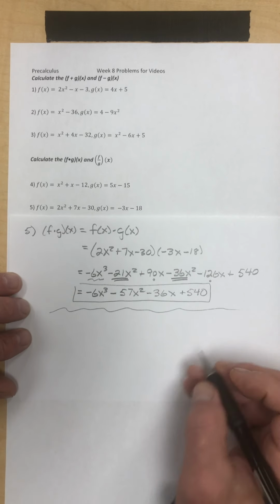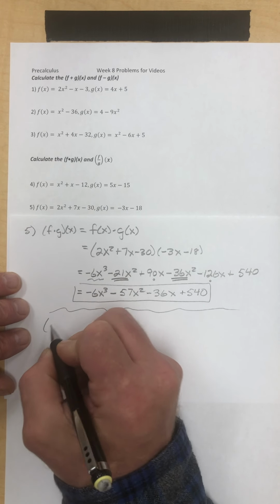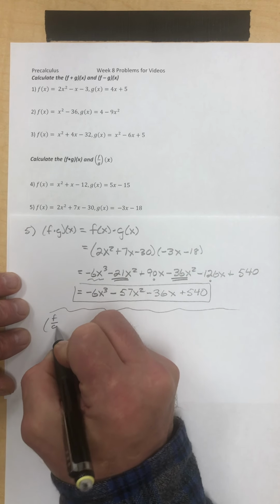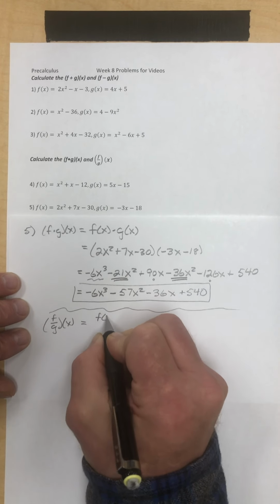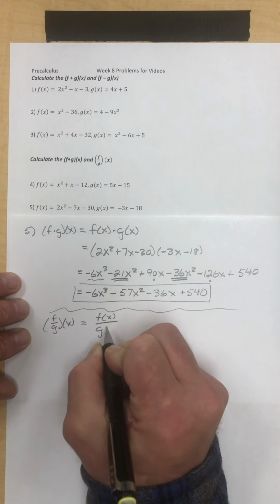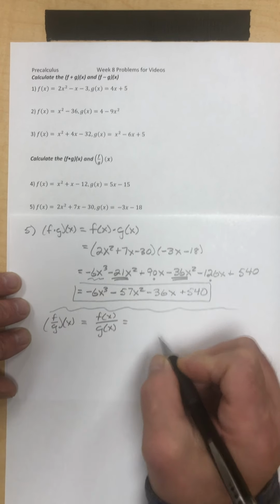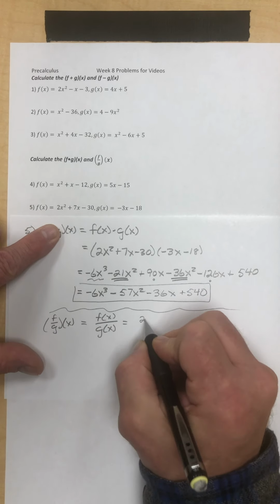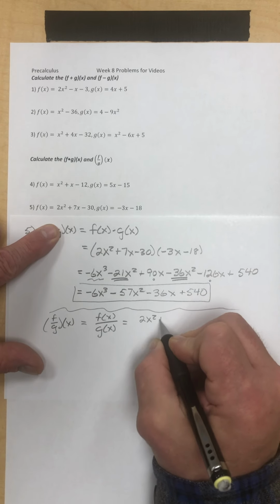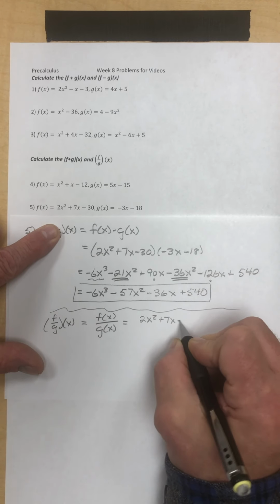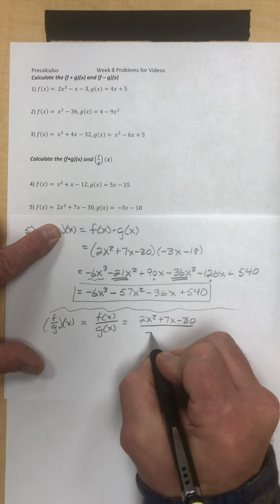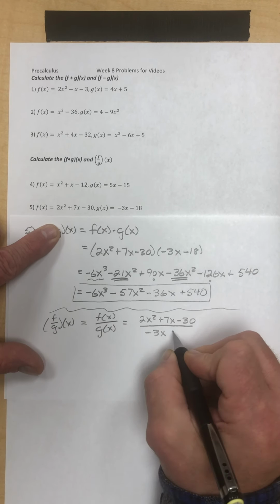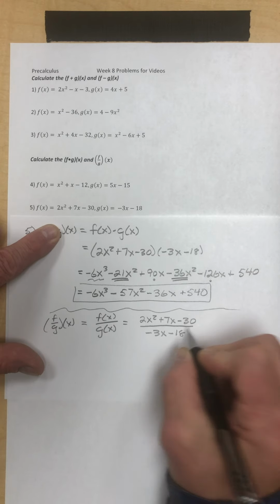Okay, so I have to do division now. I have f divided by g of x. So that's going to be f of x over g of x. I've got 2x squared plus 7x minus 30 on top, and down below I have a negative 3x minus 18.